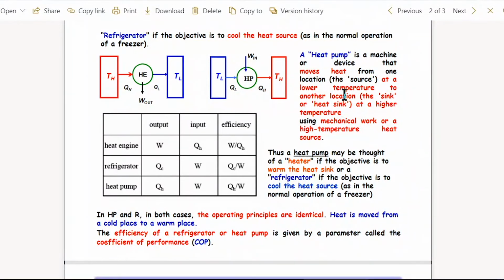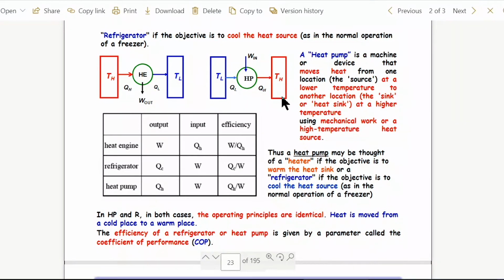This is actually the function of a heat pump or a refrigerator. A heat pump working as a heater may be thought of as a heater if its objective is to warm the heat sink, or a refrigerator if the objective is to cool the heat sink.